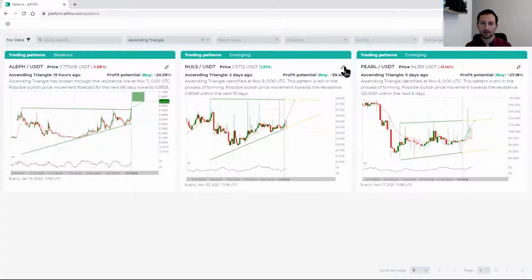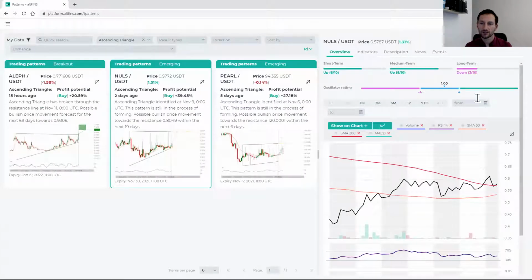The other rule is, of course, as I always emphasize, and I will continue to do so, trade with the trend. So here, if we click on this image, we can very quickly assess the trend, and you can see that our trend rating system ranks it as up on the short term, up on the medium term, and down in the long term.